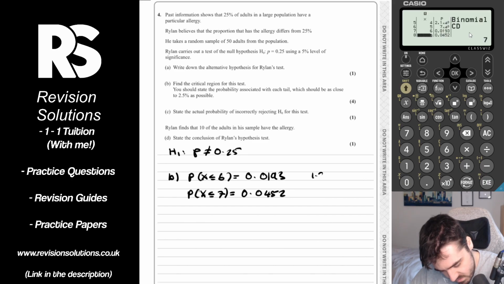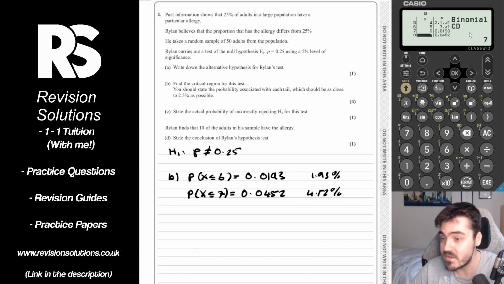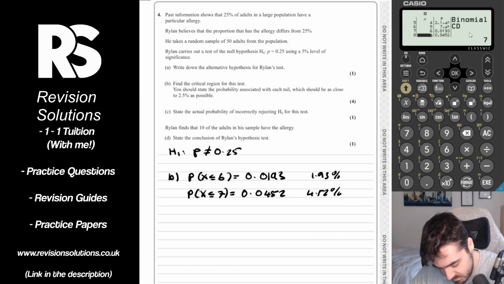So that's 1.93%. This is 4.52%. So in this case, actually, the closest one is under the 2.5% anyway. So the bottom part of the critical region would be this guy. So critical region is x is less than or equal to 6 with a probability of 1.93%.